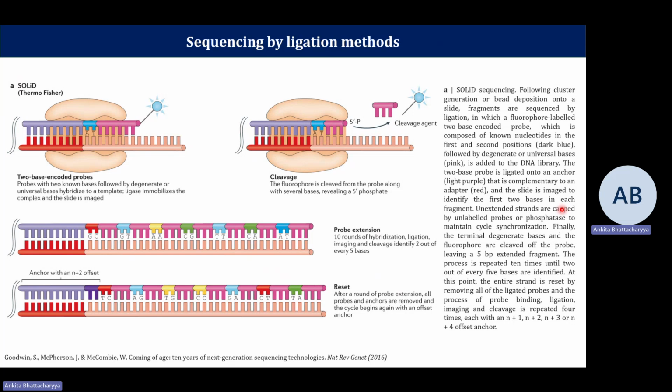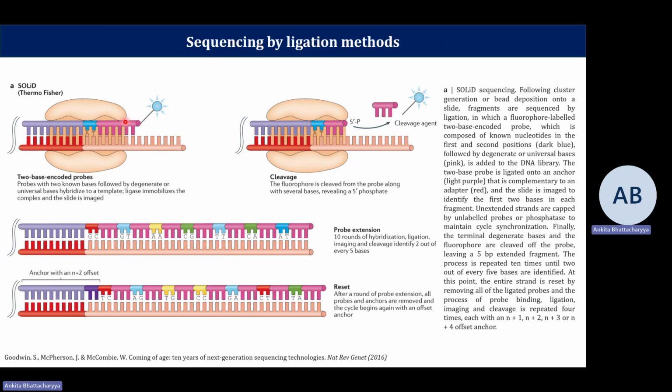So, effectively, what you are seeing is that you have a 2 base probe, then a set of degenerate bases, which are tagged with a fluorochrome. When your degenerate base containing probe is able to find complementarity, the fluorophore gets cleaved along with several bases, revealing an acceptor 5' phosphate, which can then get ligated to a 3' OH end as per the availability.